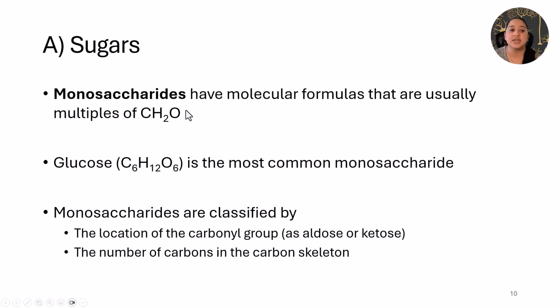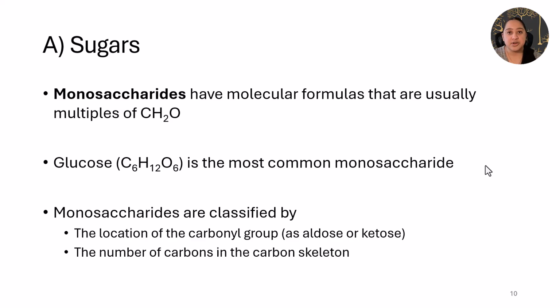It'll be multiples of this. So it could be this, which is pretty simple, or it could be glucose. See how glucose is a multiple of this, same ratio. For every 1 carbon, if there are 6, you multiply by 2, so there are 12 hydrogens, and then 6 oxygens. So that follows it. And glucose is the most common monosaccharide.